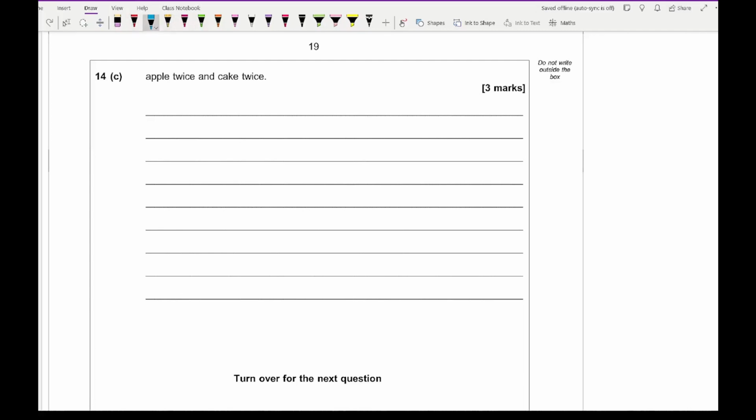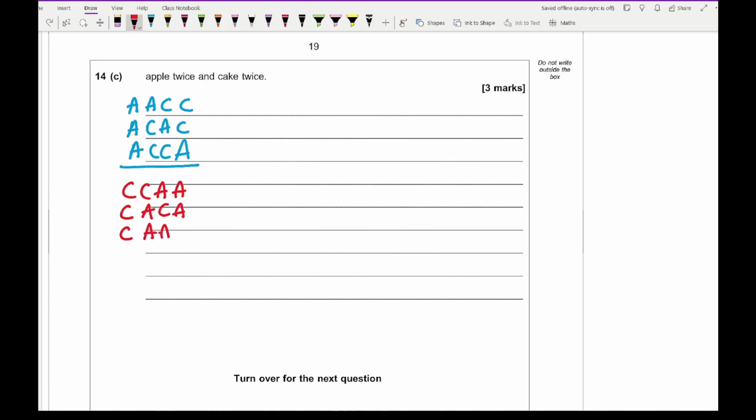So if you look at the combinations of apple and cake twice, we can have A, A, C, C, and then A, C, A, C, and then A, C, C, A. And then we can also have C, A, A, C, and C, A, C, A, and then C, C, A, A. So there are 6 possible combinations of having apple twice and cake twice.